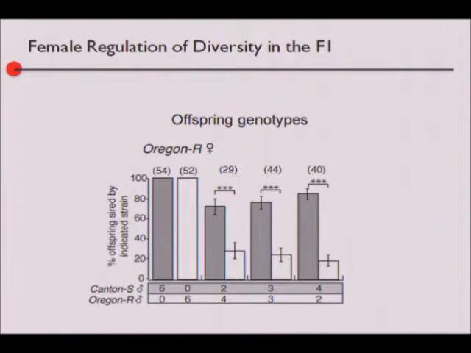So what I'm showing you here is that somehow the females are regulating variability in the next generation. And what's even more remarkable about this is not shown on the graph, and that is that there was not a single mating that gave us this pattern.